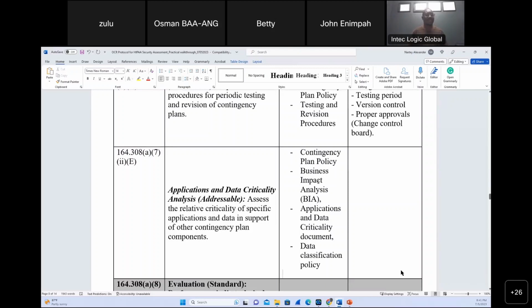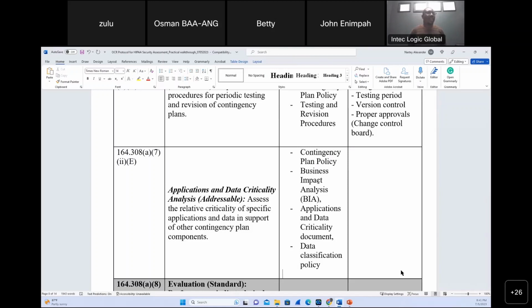I was saying that every application or data has an impact, so I believe there should be an impact analysis or impact scrutiny on the application and the data. Yeah, that is correct.